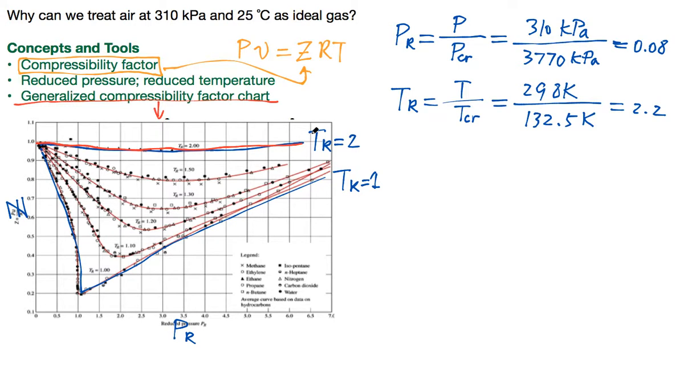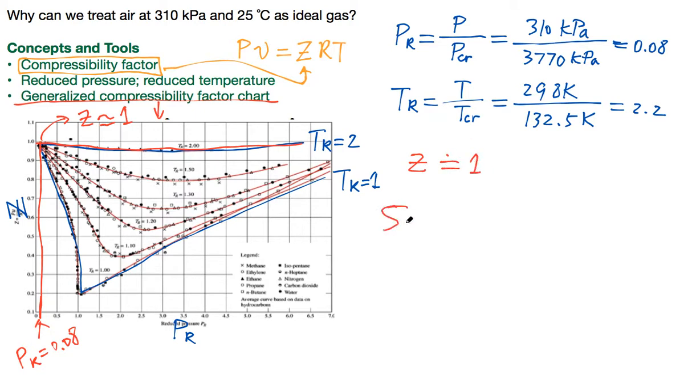And our P sub r is 0.08, which is very close to the 0 point. It's roughly here. This is P sub r equals 0.08. And here we find Z approximately 1. So corresponding to this condition, P sub r equals 0.08 and T sub r equals 2.2, Z is approximately 1.